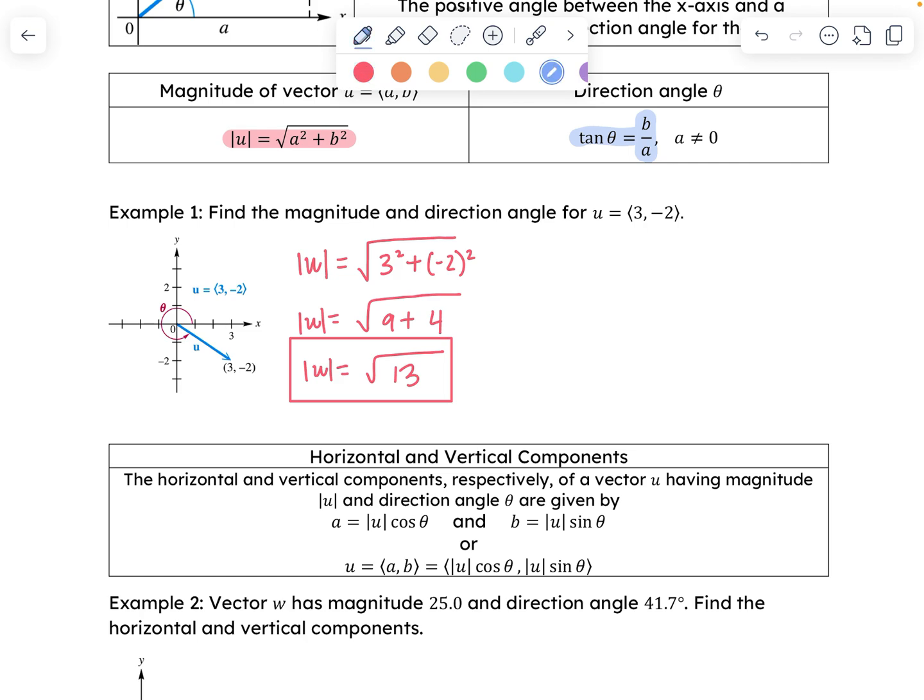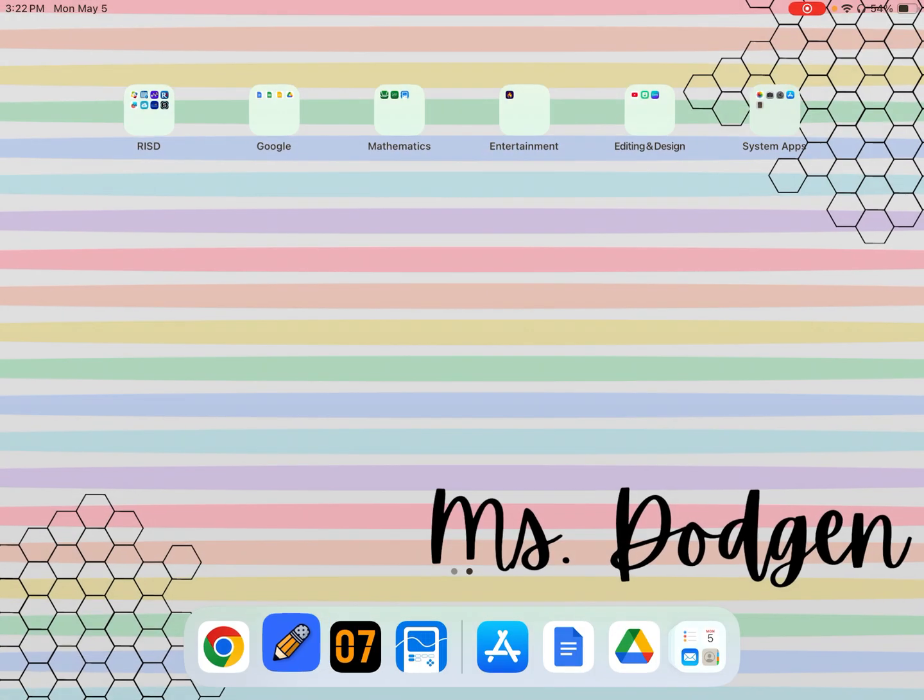To find my direction angle, I'm going to say the tangent of theta is equal to b over a, so 2 over -3. I need to work backwards and find what theta is, so I'm going to take the inverse tangent of 2 over -3. That's not really on my unit circle, so I'm going to use my calculator to help me figure that out. So let me pull my calculator up.